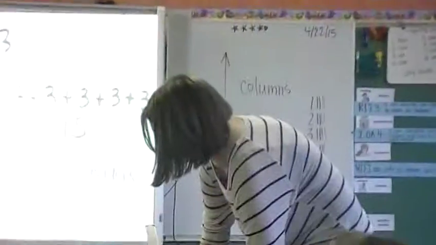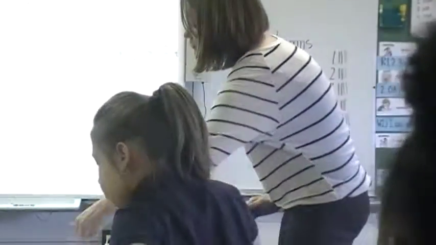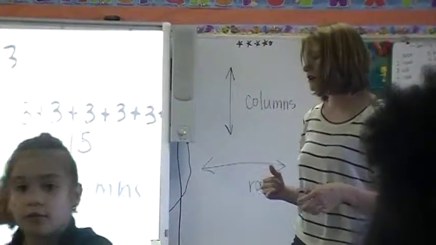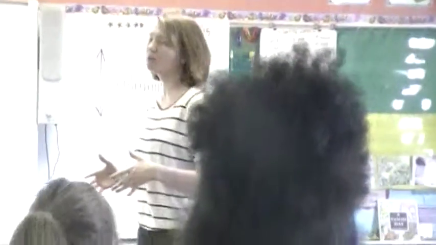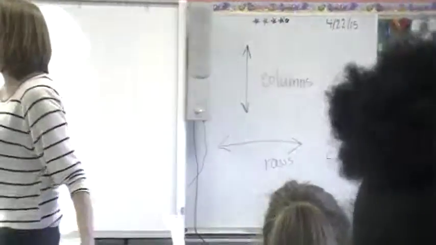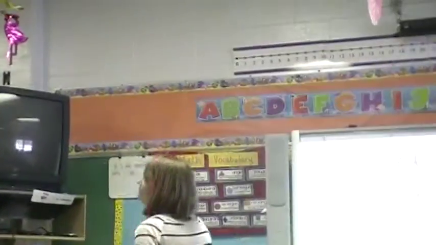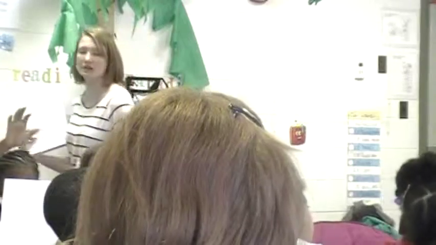If we want to show 3 rows of 5, this is going to be your next thing you're going to do. If we want to show 3 rows of 5, what are we going to do first?